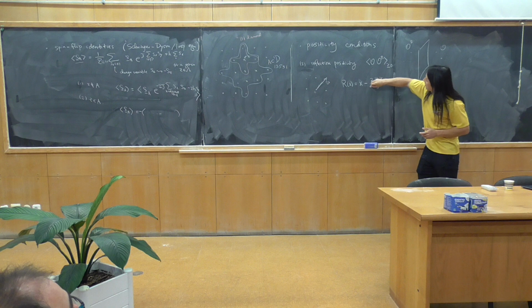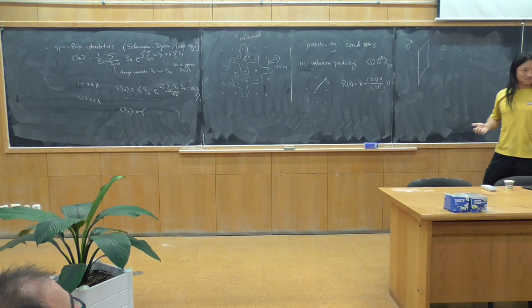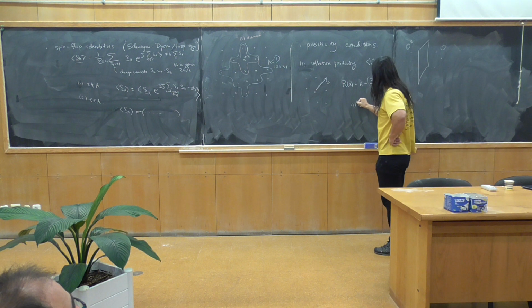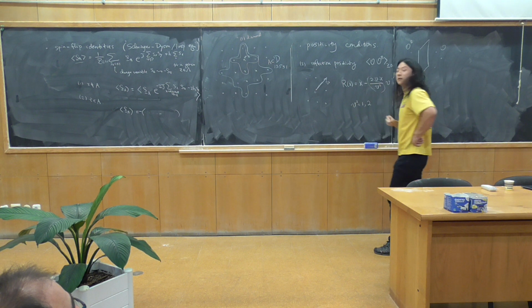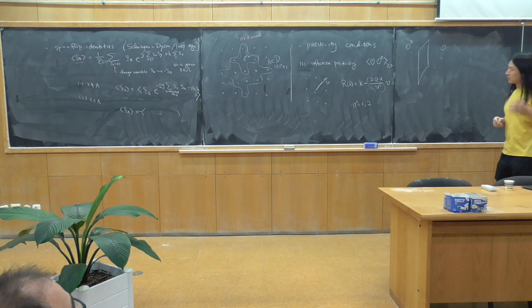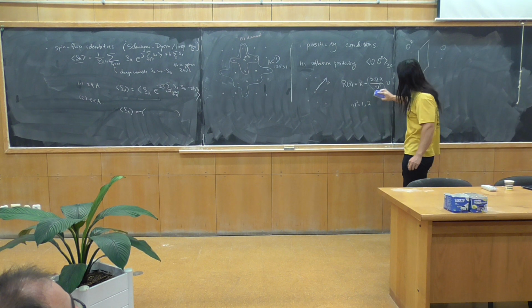So you need 2 over v squared to be an integer for this to lie in the lattice. For that purpose, v squared can only be either 1 or 2. There are no other choices. That seems a bit restrictive, but it's okay. These are actually the only types of reflection I know of.